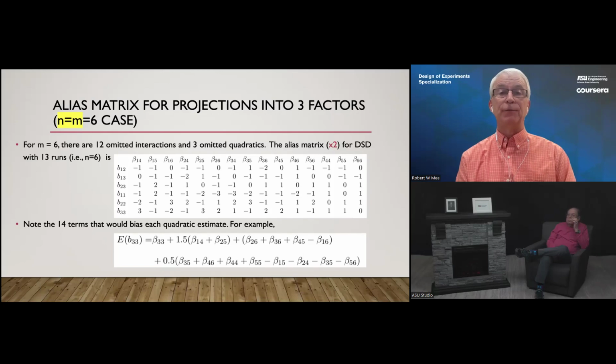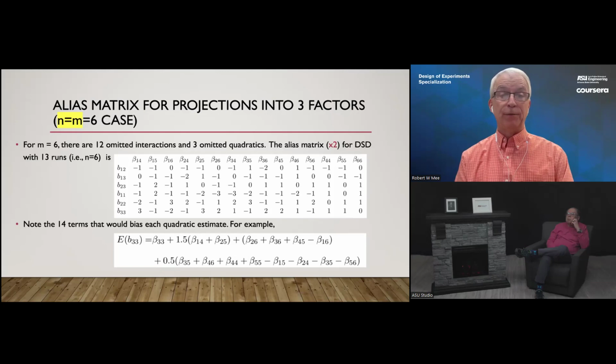So here's the alias matrix. Actually, what you see is double the alias matrix so that I could write the entries as integers. The largest in magnitude coefficients in this alias matrix are plus or minus 1.5, which you see in the last 3 rows. If I take the last row of that alias matrix, it tells me the expected value of the pure quadratic coefficient for factor 3.